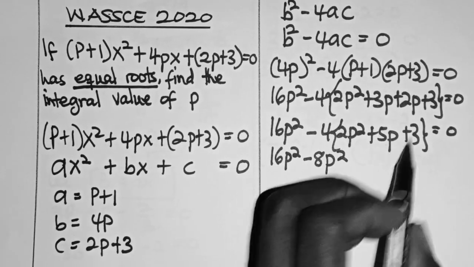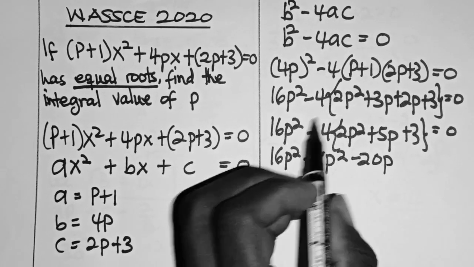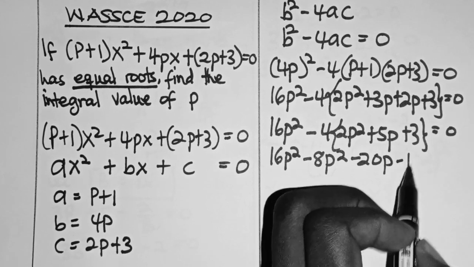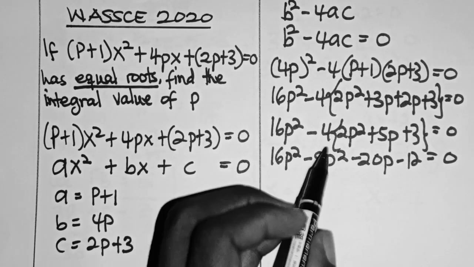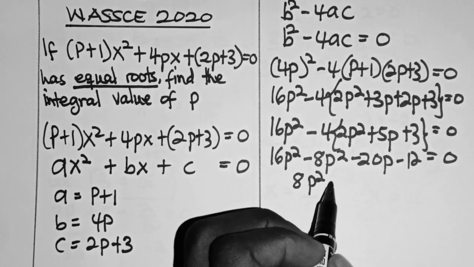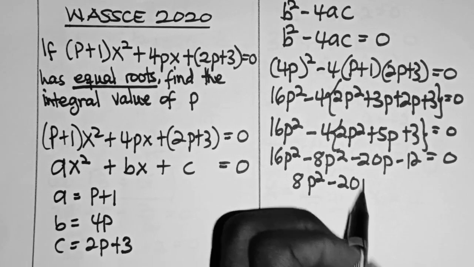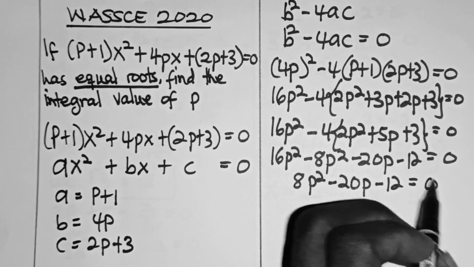Then minus 4 times 5 becomes minus 20p. Then minus 4 times 3 is minus 12 equals 0. So 16 minus 8 is 8, so we have 8p squared, then minus 20p minus 12 is equal to 0.